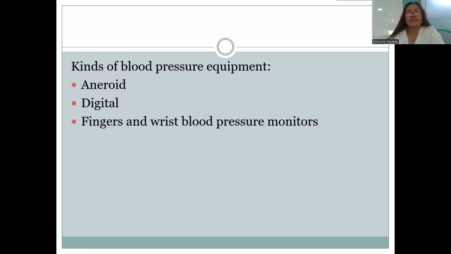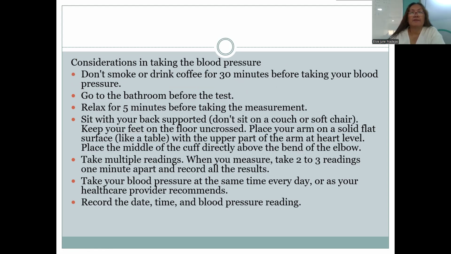Now, there are different kinds of blood pressure equipment. We have aneroid, which is manually operated. Digital is battery operated. Finger and wrist blood pressure monitors are used by athletes to monitor their blood pressure and heart rate during athletic activities. There are considerations in taking your blood pressure.